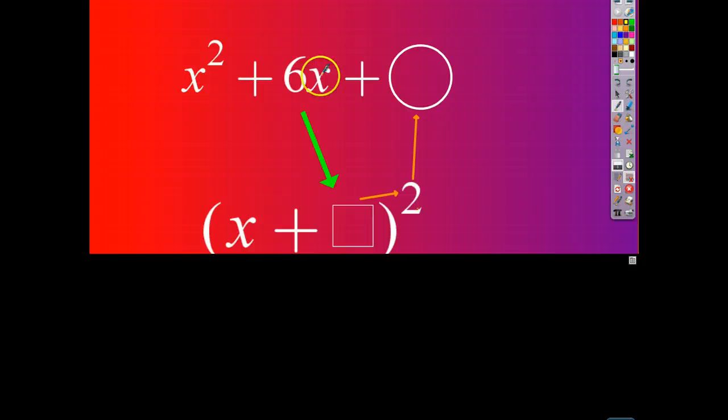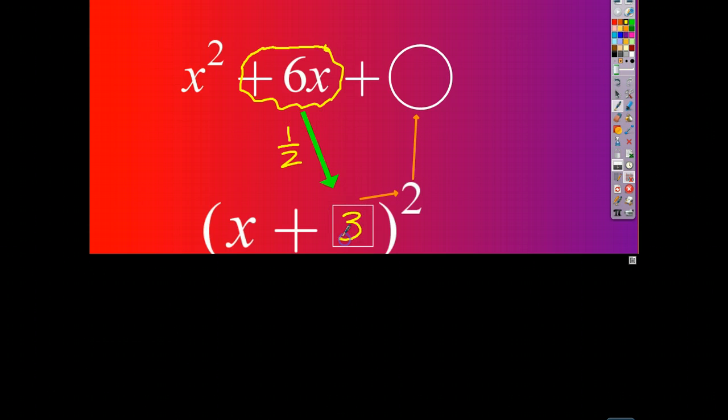What we just figured out is that this middle term is double this thing, this thing times 2. So in order to go from 6x back to this, I'm going to take half of it. If I take half of 6, I get 3.